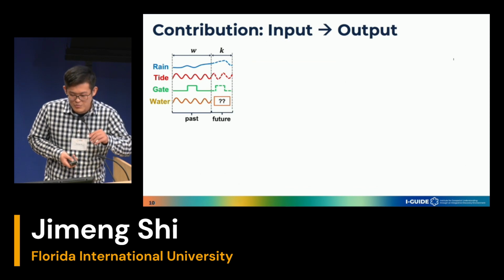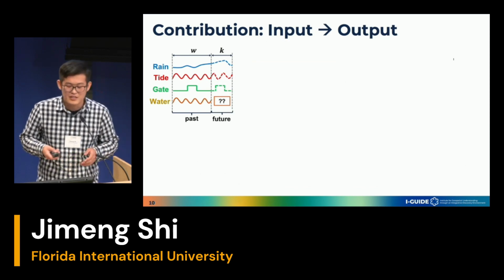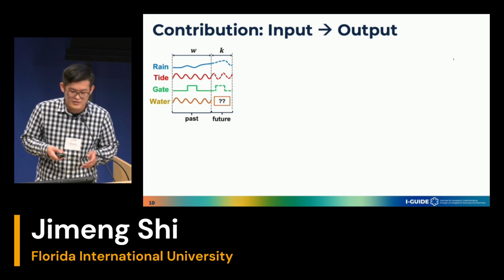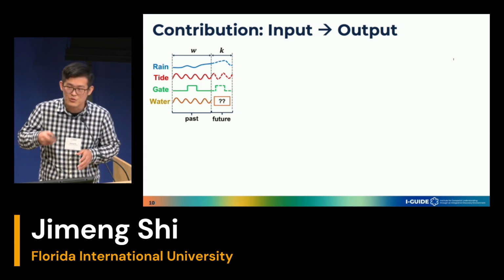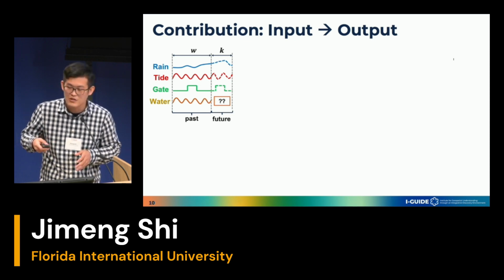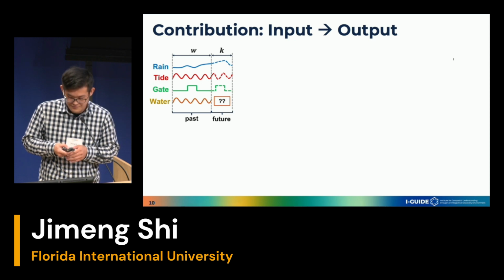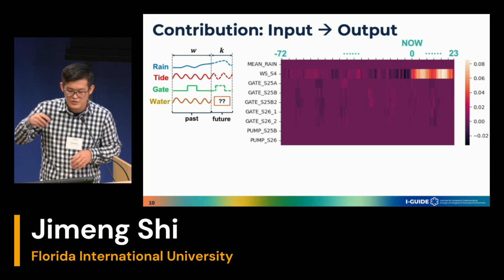We also use an explainability tool to visualize the contribution values from each input variable, each input time step, to the final output. This is a heat map of contribution values from each covariate to the final output.